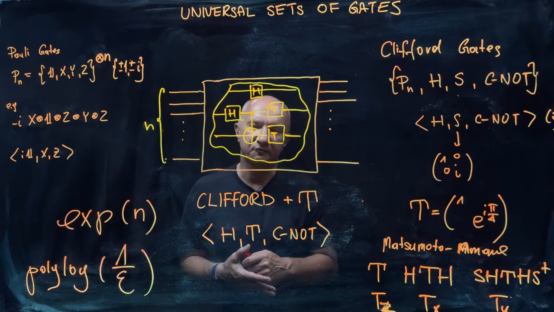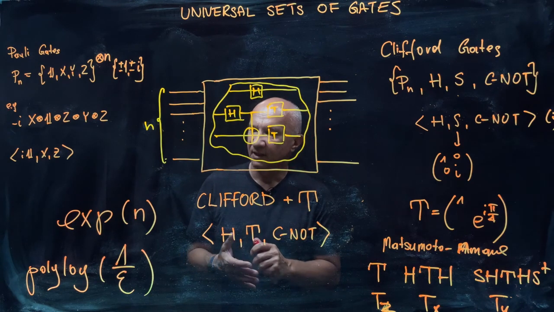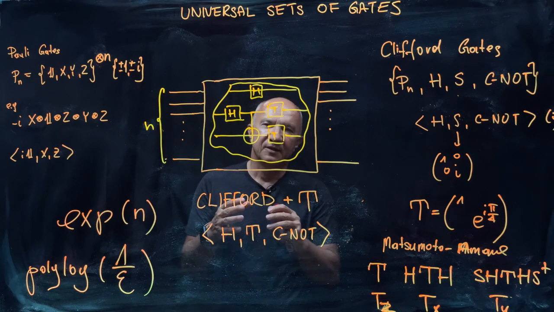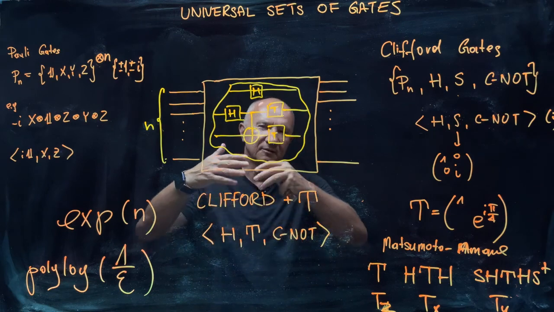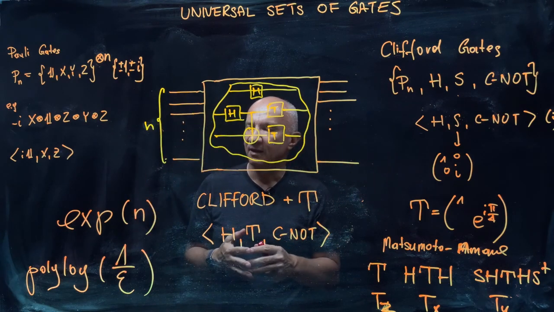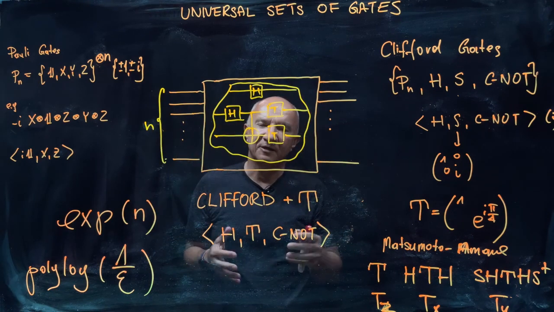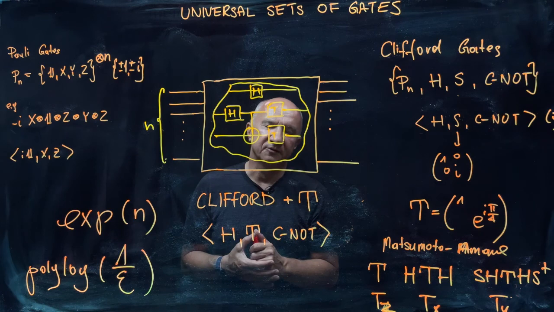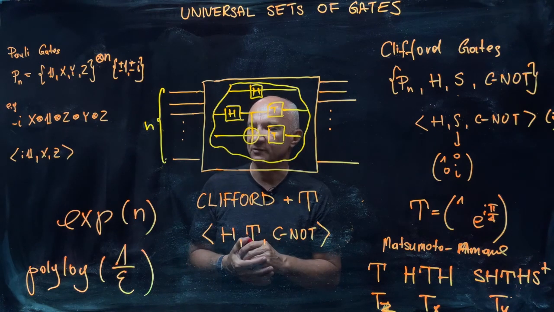It's just a polylogarithmic function of 1 over epsilon. But with n, unfortunately, if you increase the dimension of the Hilbert space, if you add another qubit, the dimension grows exponentially. And to explore the whole vastness of this Hilbert space, the number of gates also grows exponentially if you want to approach any unitary operation with any precision.